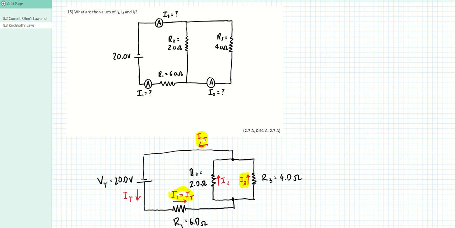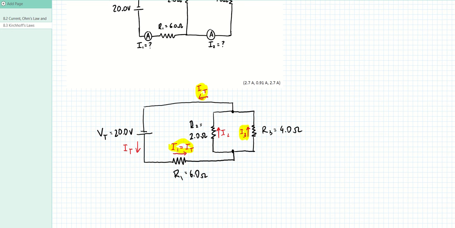So the question asks to find the values for current I1, I2, and I3. So what I did is I redrew my circuit schematic down here, and then I relabeled it. So current total is going to start from here, right?